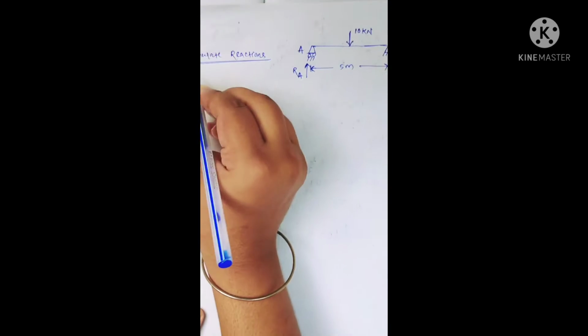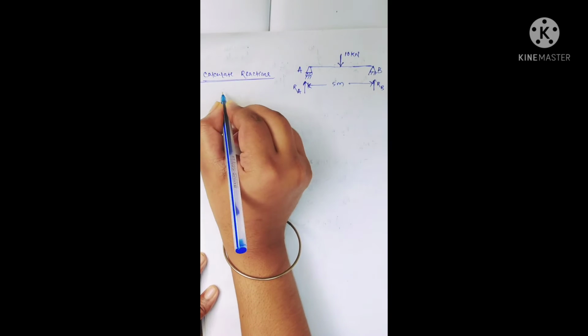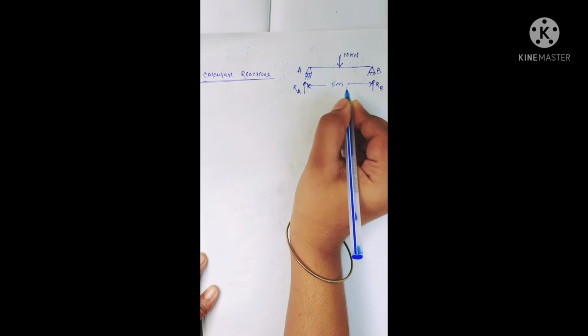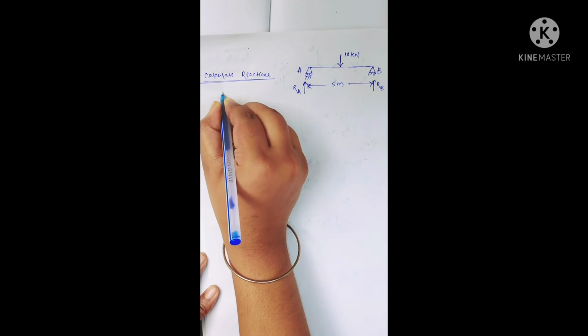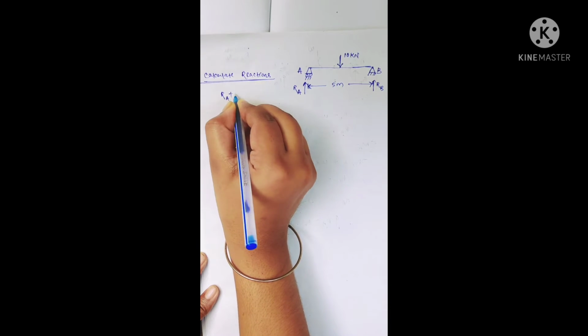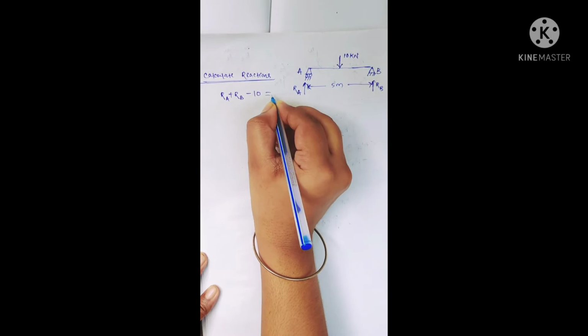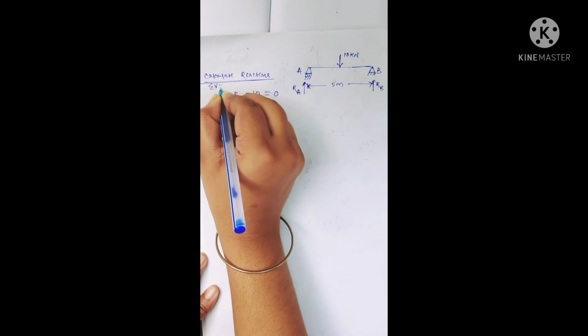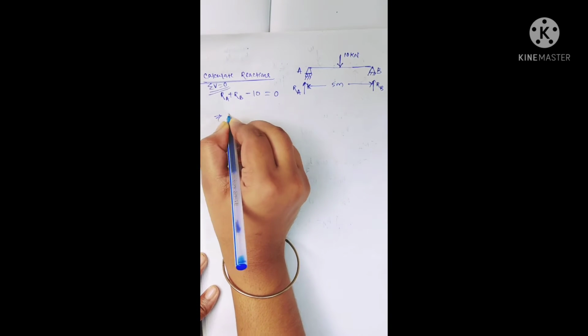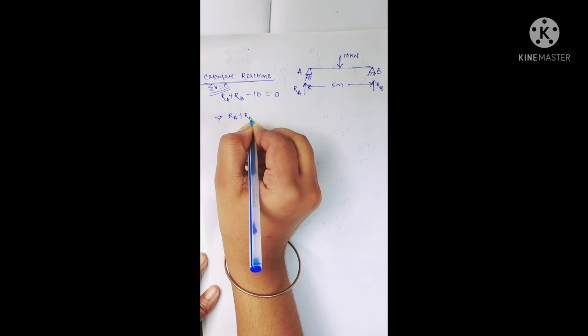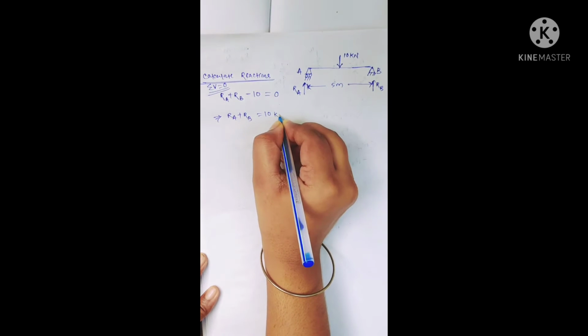Here RA and RB are upward forces, so they will be positive. If you take summation of V equal to 0, then RA plus RB minus 10 kilonewton equals 0. So RA plus RB equals 10 kilonewton.